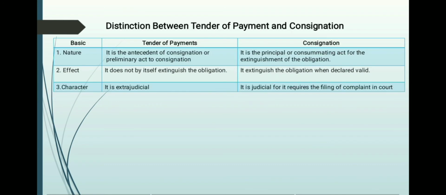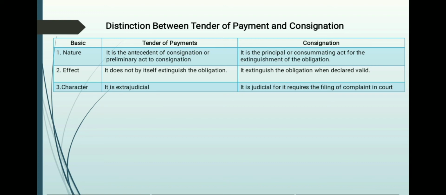The distinction between tender of payment and consignation. Basis, nature: the tender of payment is the antecedent of consignation, or a preliminary act to consignation. In the consignation, it is the principal, consummating act for the extinguishment of the obligation.